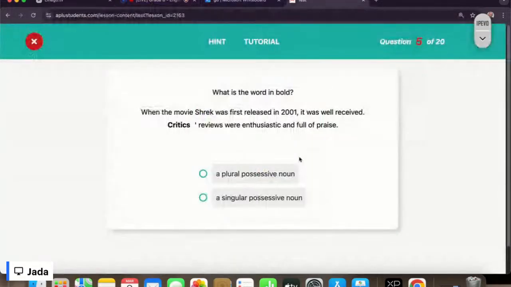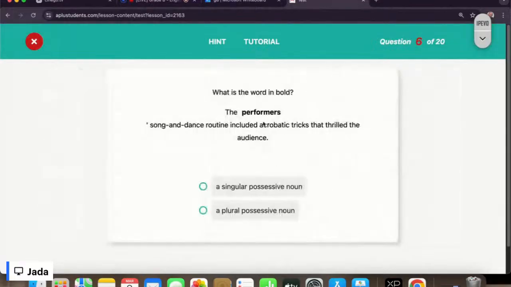Alright, so we have plural possessive. The performer's song and dance routine included acrobatic tricks that thrilled the audience. First or second.